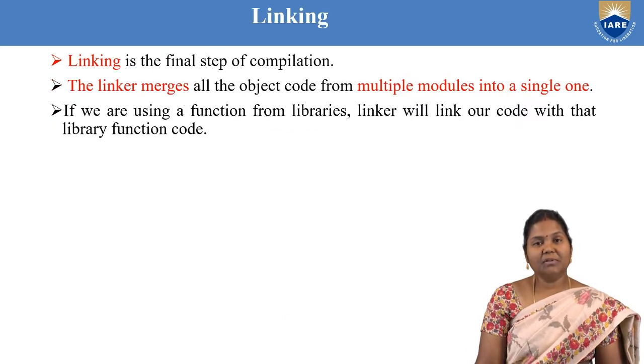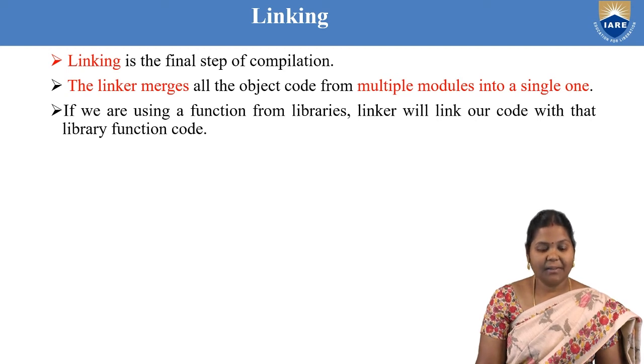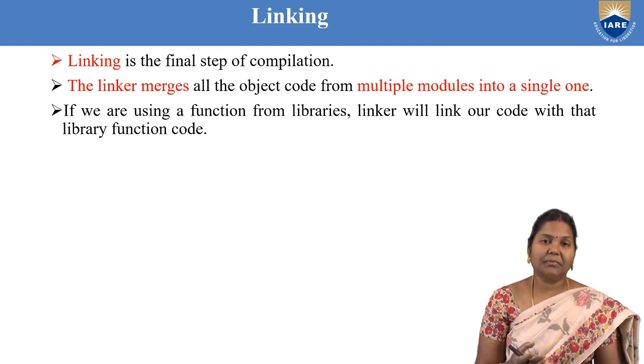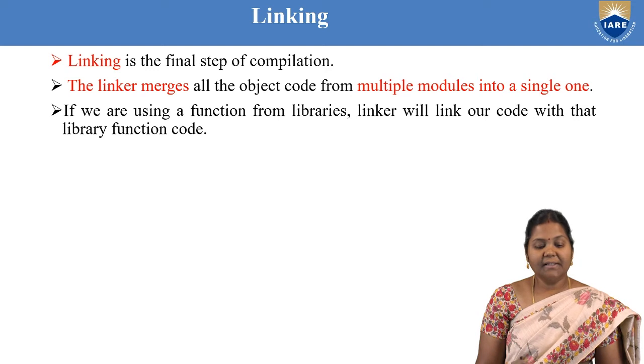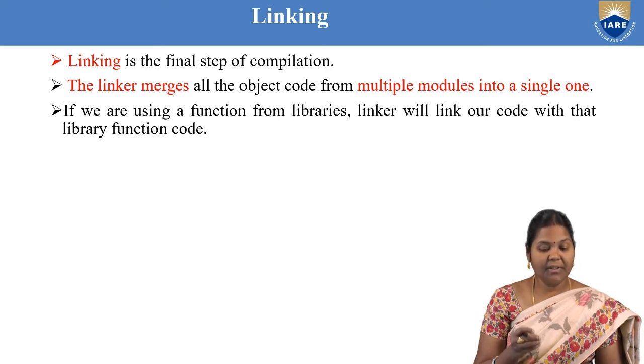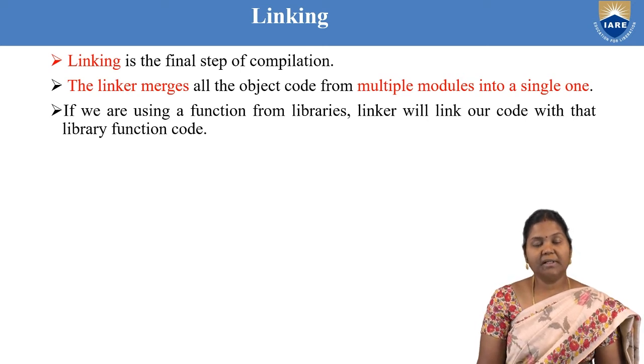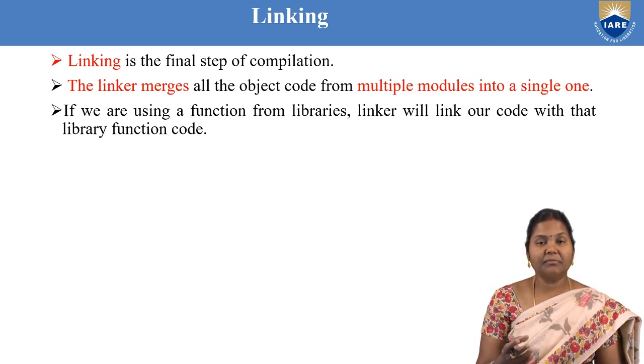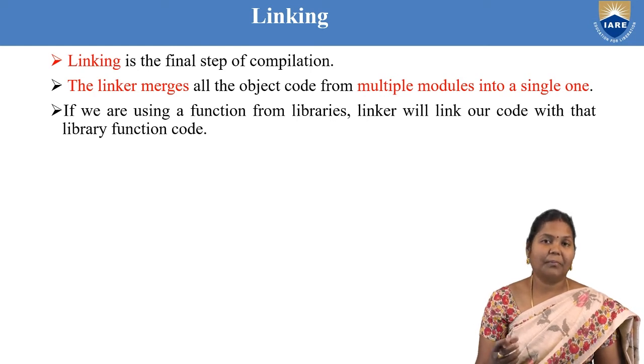Now, the fourth step is called linking. Linking is the final step of compilation. The linker will merge all the object code from multiple modules into a single one. And if you are using any functions from libraries, the linker will link those code with the appropriate libraries so that the function will execute properly.